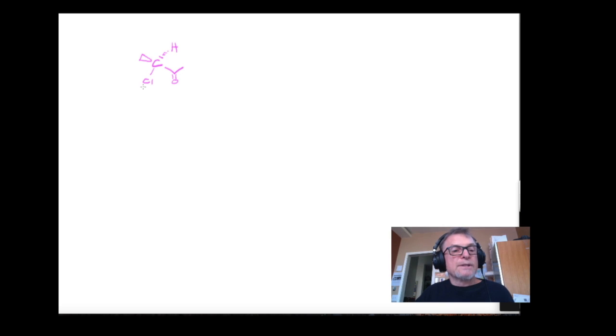So the Cl is going to be the highest priority here. I'm just going to put a 1, because its atomic number is the largest. The methyl group and this carbon here would be the controversy, because both of them are a carbon. So what you've got to do is ask, what do we hit next?